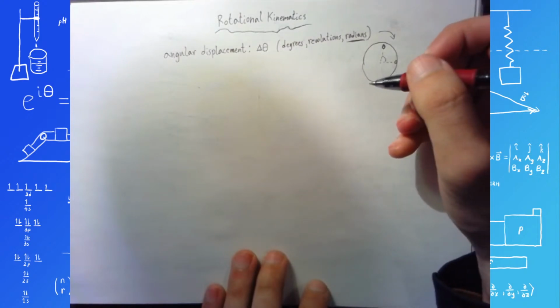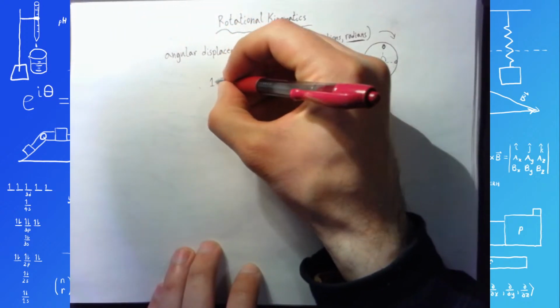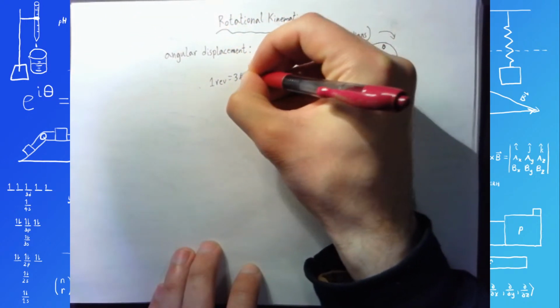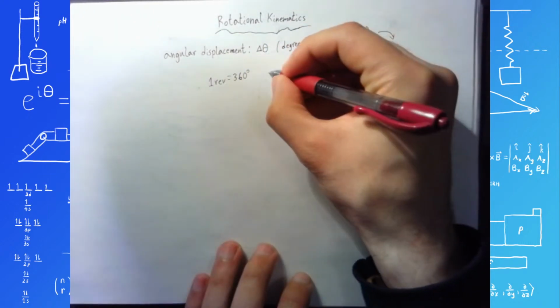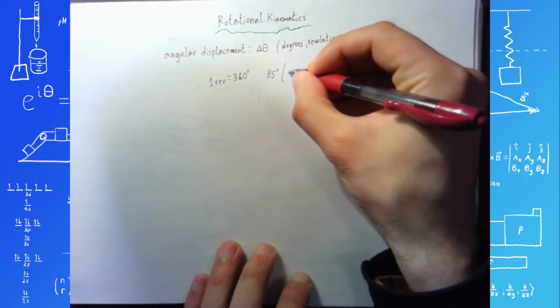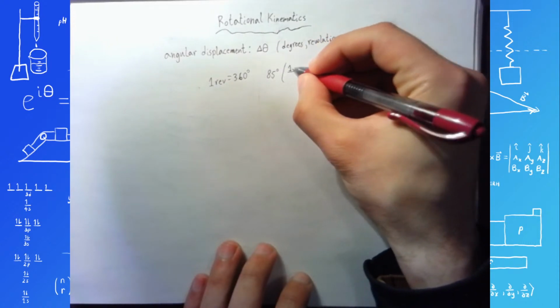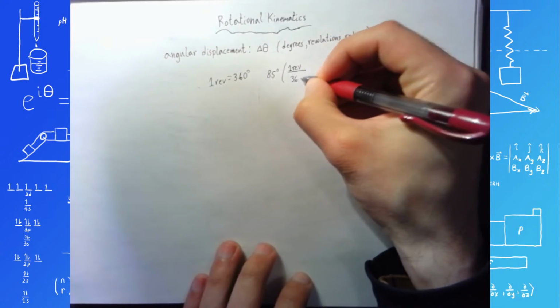So you can actually convert between degrees and revolutions, because you can say 1 revolution equals 360 degrees, and then you can just do dimensional analysis. If I have 85 degrees, then I can multiply it by 1 revolution over 360 degrees.